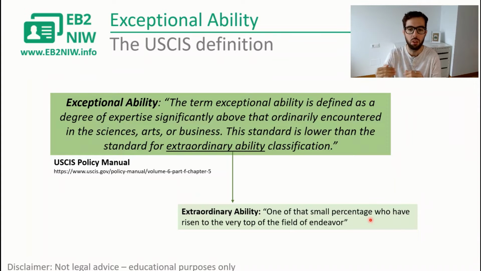You have to demonstrate that you are one of the small percentage. But for EB2 NIW, if you want to go the exceptional ability route, if you don't have an advanced degree, for example, then you have to meet a slightly lower standard. You have to be significantly above others, but you don't have to be one of the smallest percentage on the top. So that's an important distinction.